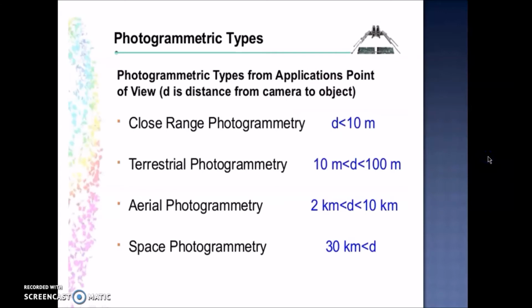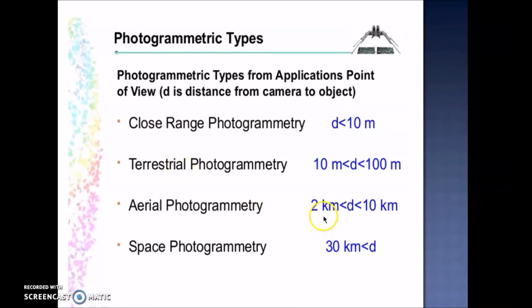We can differentiate them based on their distances. If it is close range, the distance is nearer to 10 meters. Beyond 10 meters, we can't call it close range. If you are dealing with photographs from a range of 10 meters to 100 meters, then we call it terrestrial.